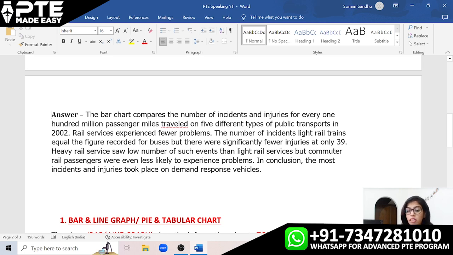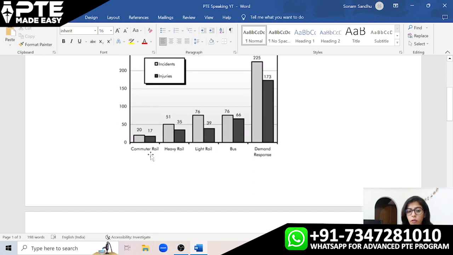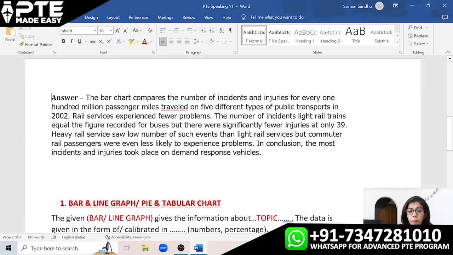Rail services experienced fewer problems. If we look at rail services, they experienced the least problems. Then for the number of incidents, light rail trains equal the figure recorded for buses. There were significantly fewer injuries at only 39.